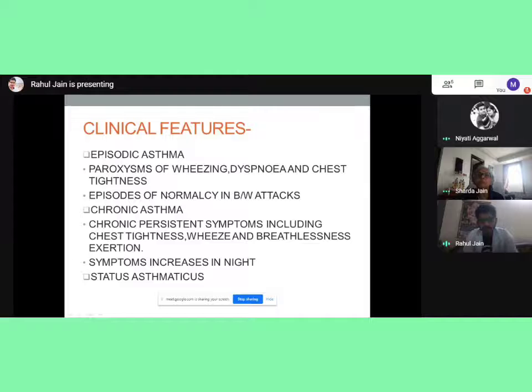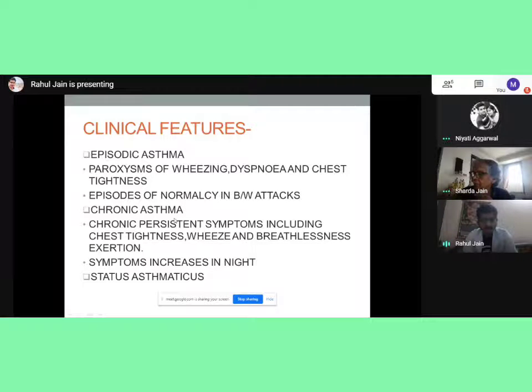It will not keep on going for days together. It will be an attack lasting for some time, and then there will be episodes of normalcy in between the attacks. While on the other hand, over a few years when airway remodeling has happened, it forms chronic asthma. In chronic asthma the symptoms keep persisting for the whole day.